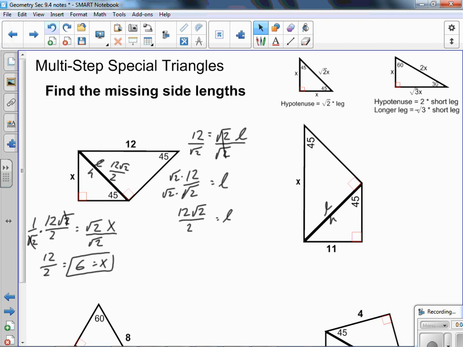And so we know that the hypotenuse h has to equal the square root of 2 times the leg, which is 11, or h equals 11 square root of 2.